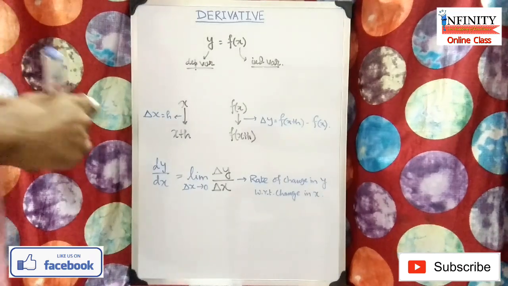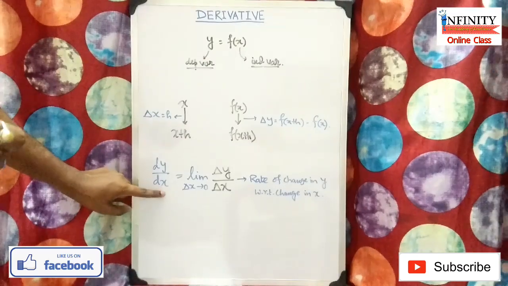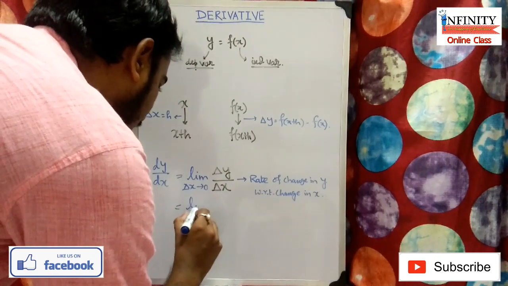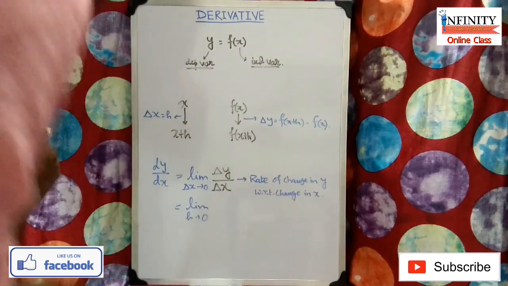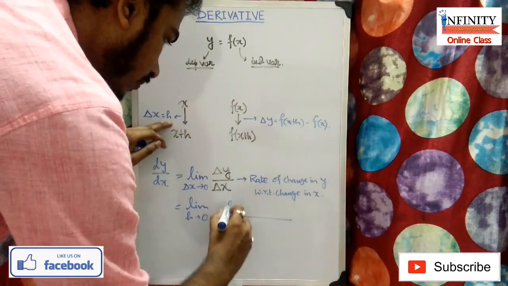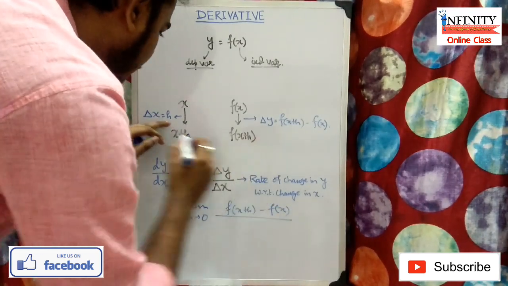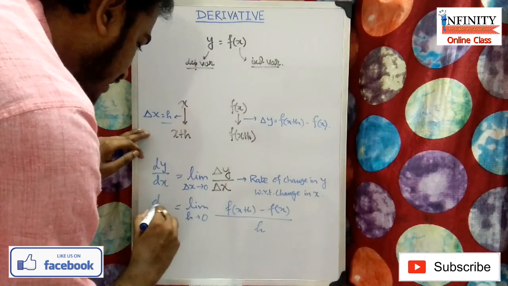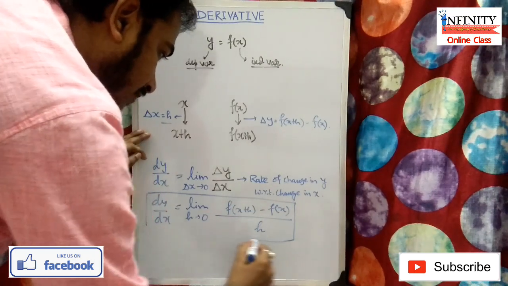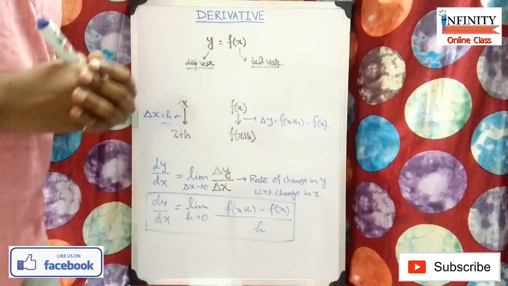It is denoted by dy dx, and it is nothing but the limit h tends to 0, as delta x is h, of delta y by delta x. Delta y means f of x plus h minus f of x, by delta x, which means h. And this is the first principle or the definition of derivative you should follow to find the derivative of any kind of function.